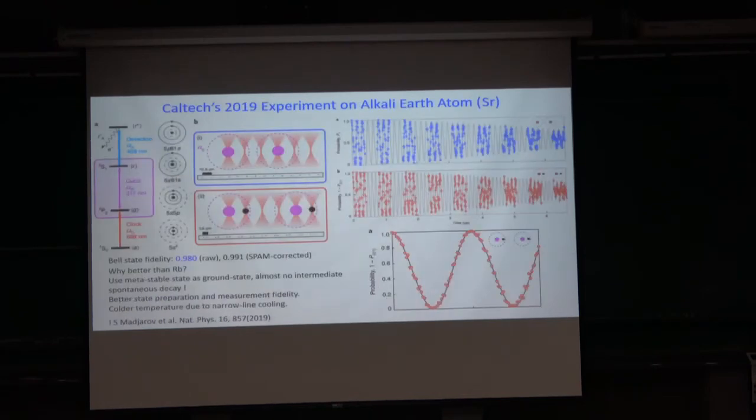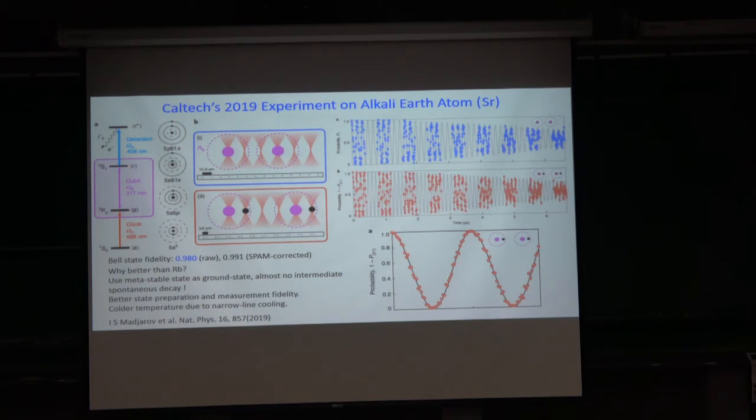And this is Caltech's experiment. They use alkaline earth atoms, the strontium atom. Also, they can see much better ground state and Rydberg state coherence. Why can they do this much better? Because for an alkaline earth atom, there are 2 outer electrons.